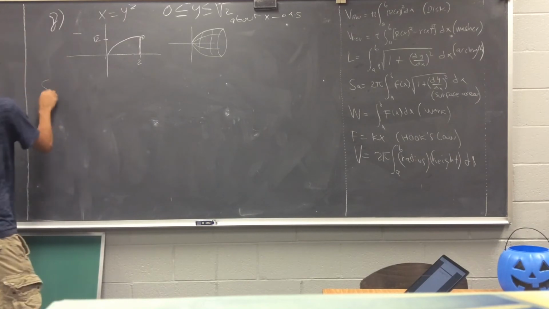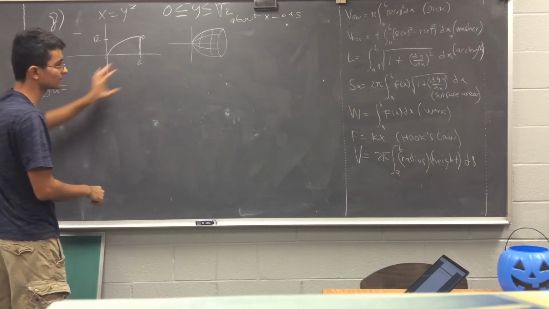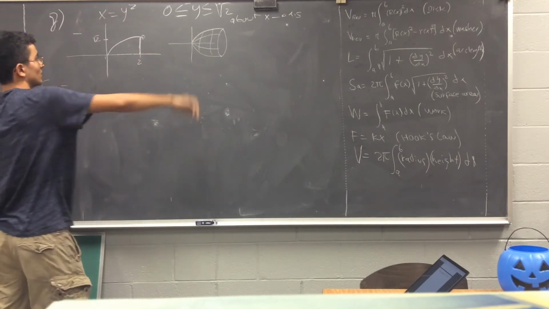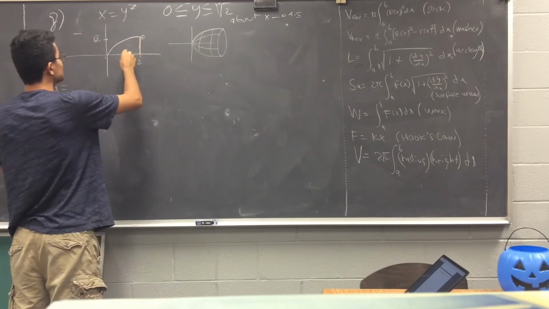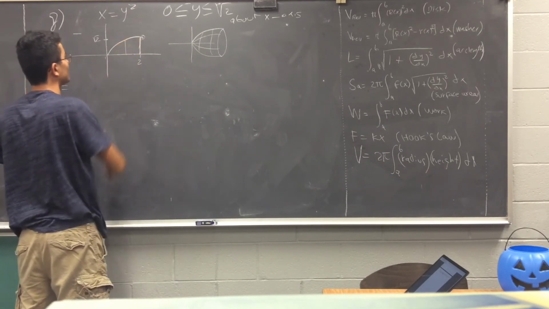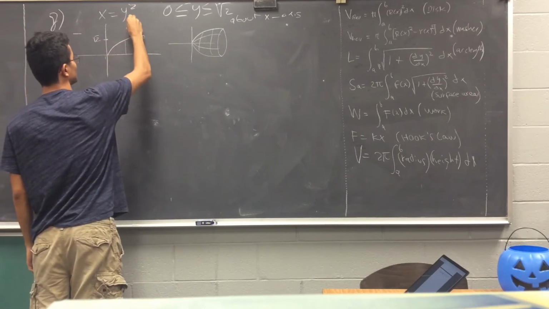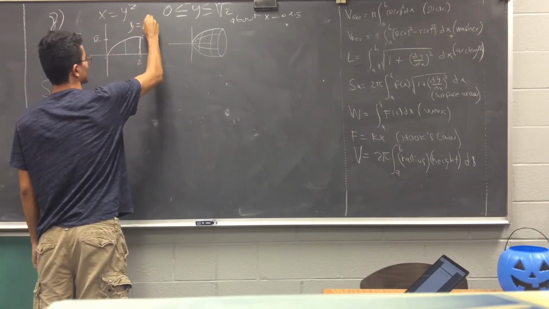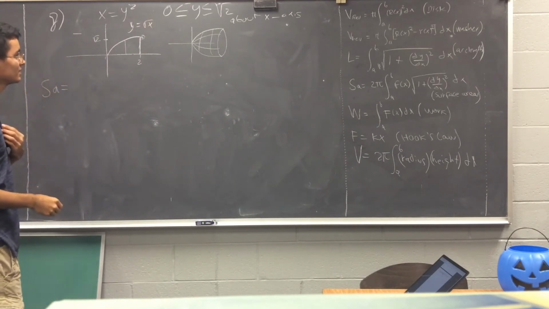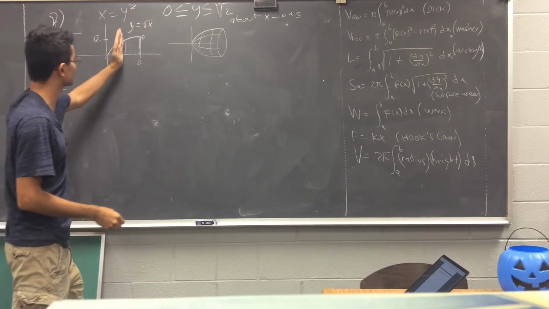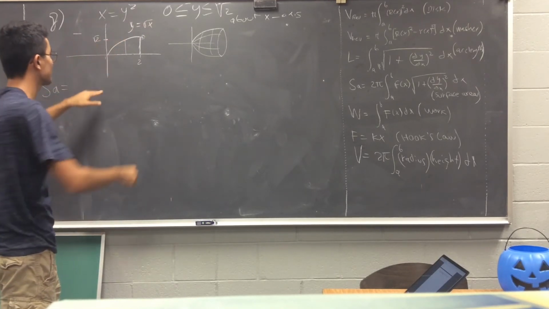So surface area is equal to, okay, in this case, what's our function? Well, our function, if we're doing this in terms of x, that should be y equals the square root of x. So we're doing this in terms of x, right? We're revolving this about the x-axis.